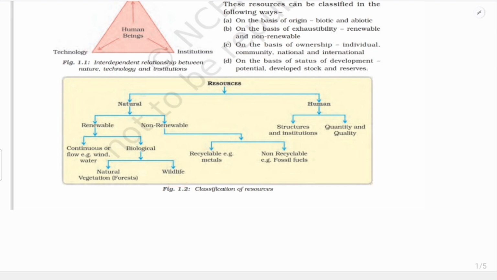We will talk about it later, although you have studied about wildlife in class 8 in the book of science. Non-renewable resources are classified as recyclable as metal and non-recyclable as fossil fuel, coal, petroleum. Now human resources are of two types, the structures and institutions, and quantity and quality.